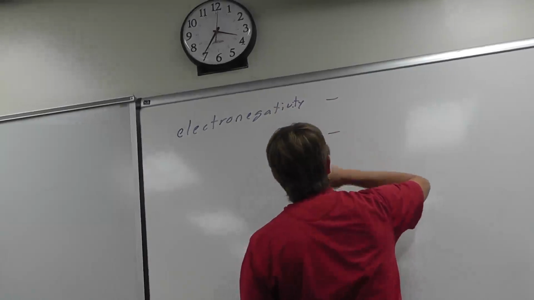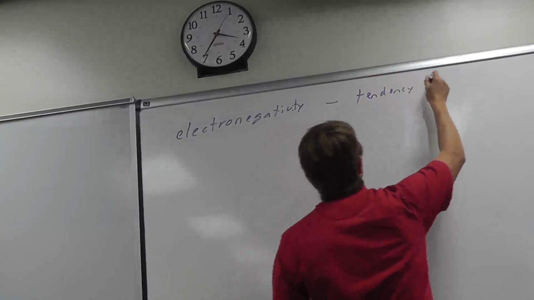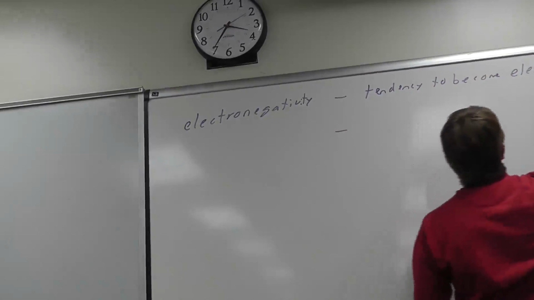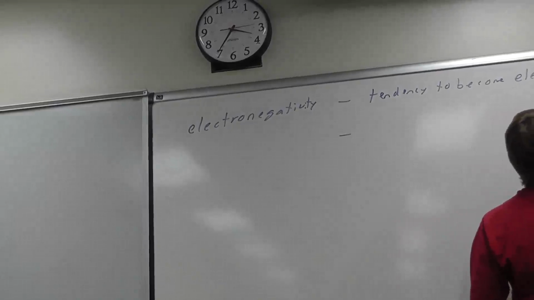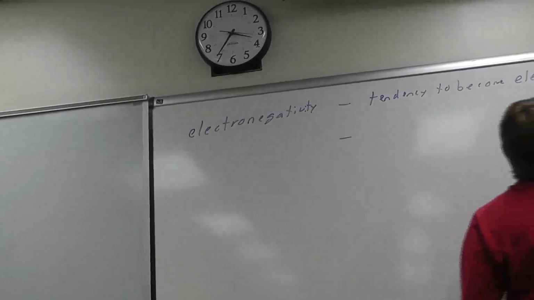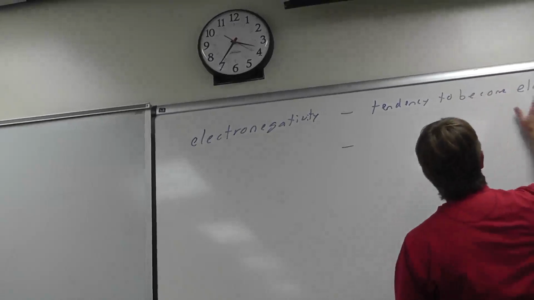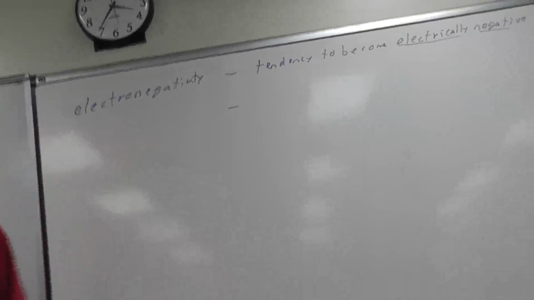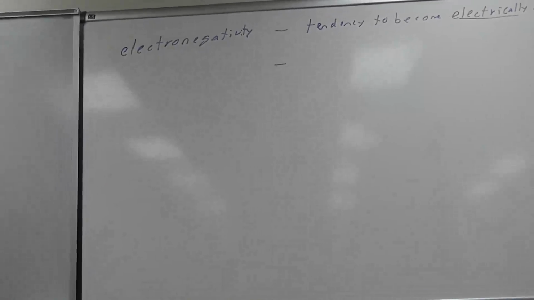And I'm going to define this with 2 lines. First of all, the literal one, I guess, the tendency to become electrically negative, that's where electronegativity comes from. Just the word itself comes from electrically negative.